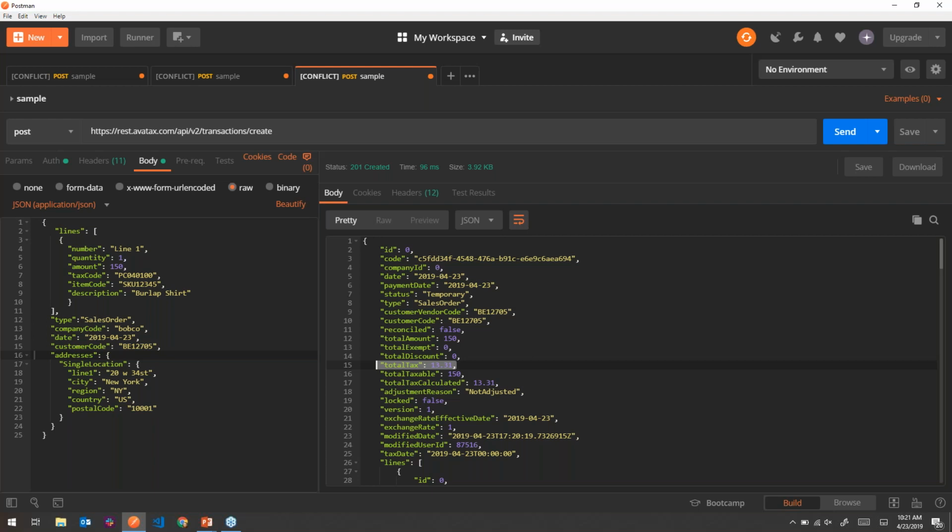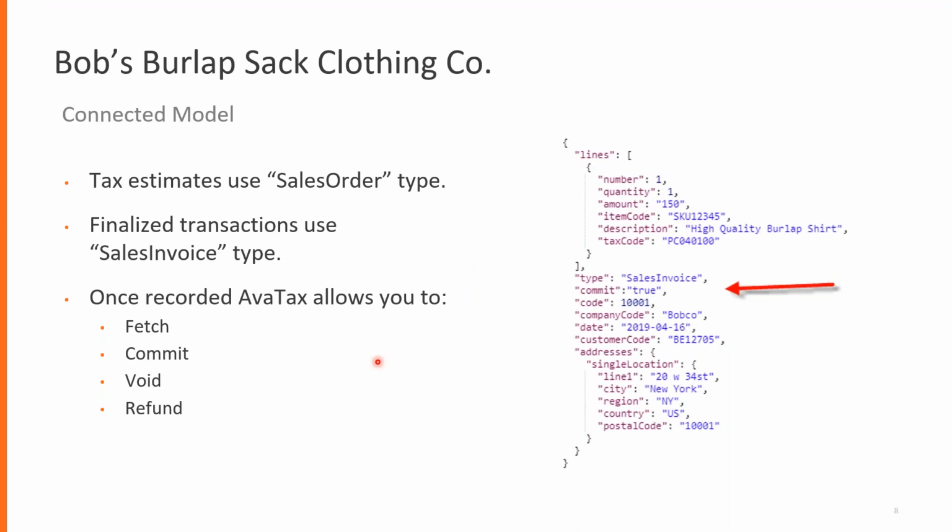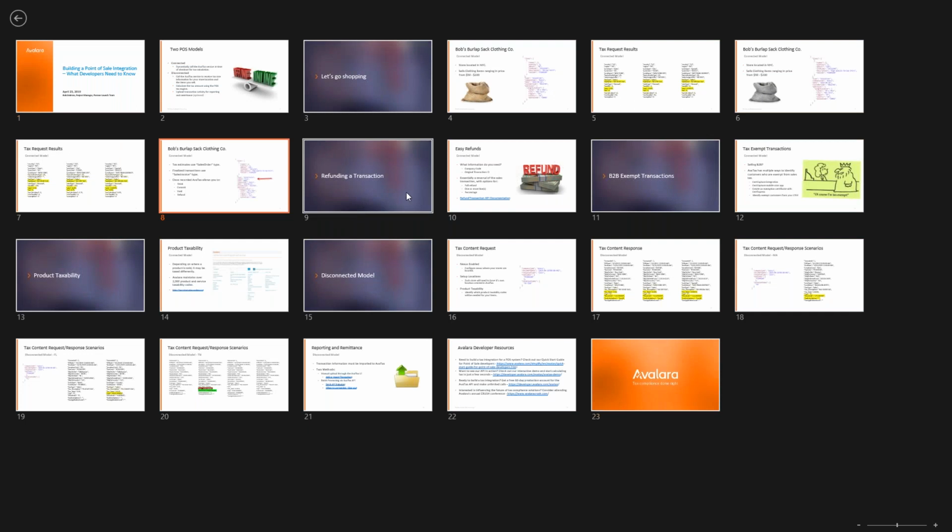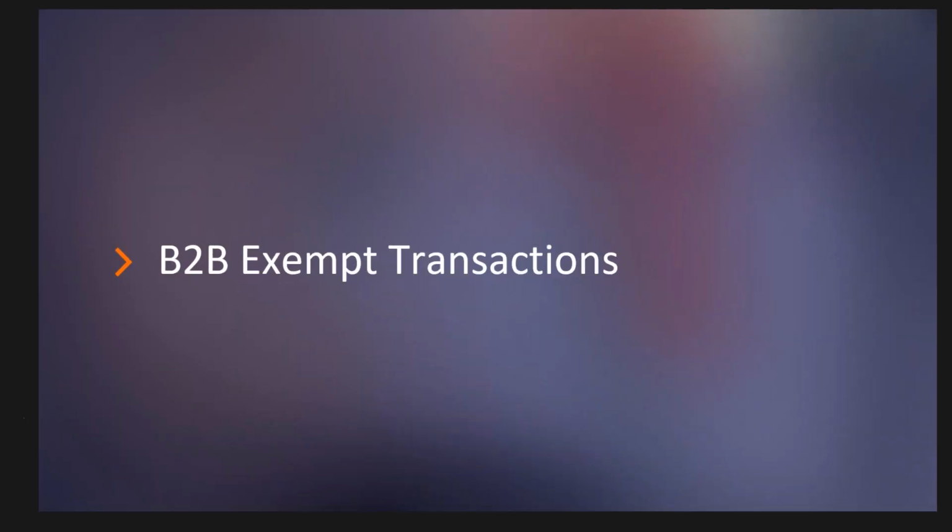Hey, Bob, we have two questions. Sure. So Nathan Woolridge asks, is there a process to follow with customers who are self-assessing their own taxes? You're talking about right now, Bob, the connected model, correct? I'm talking about the connected model.